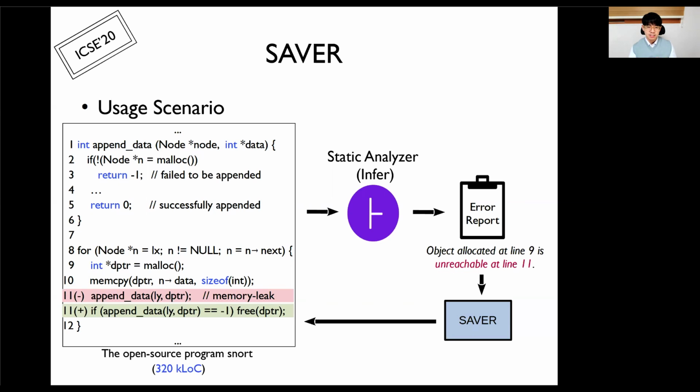So we should insert the free statement only when the return value of this function is -1. However, Saber successfully takes about 300,000 lines of code as input and succeeds in fixing this memory leak error report correctly.